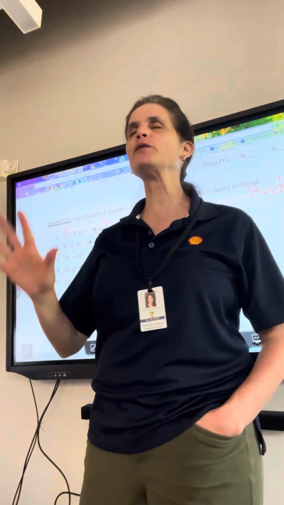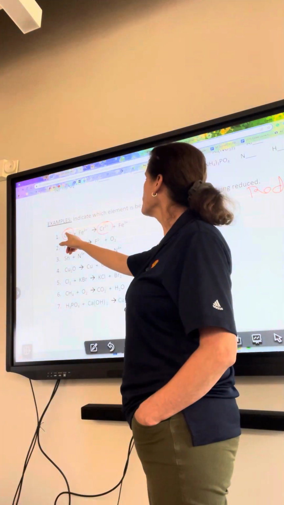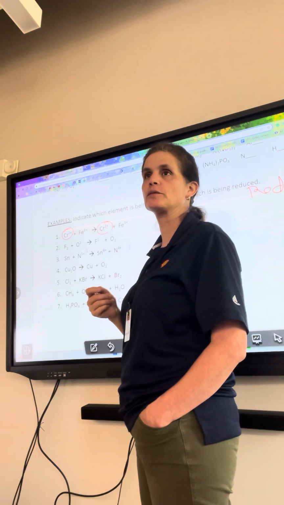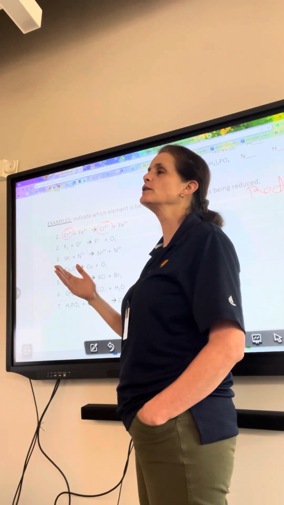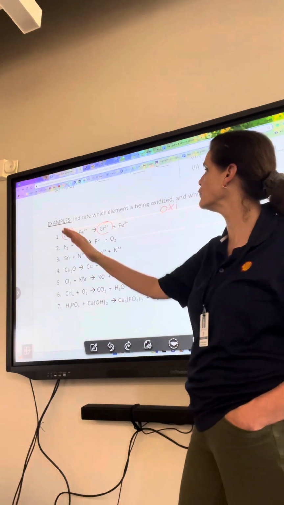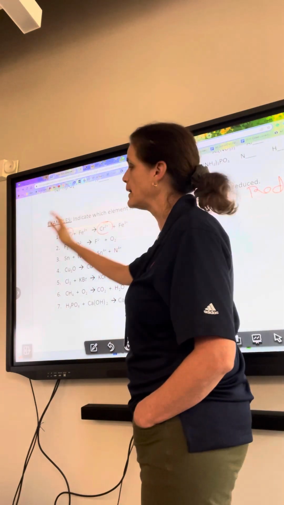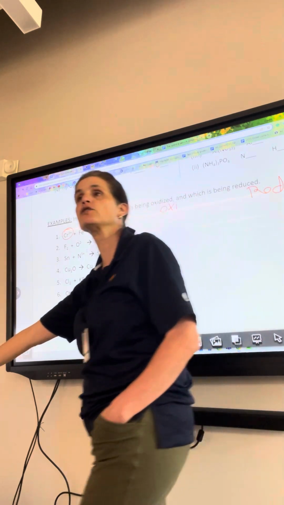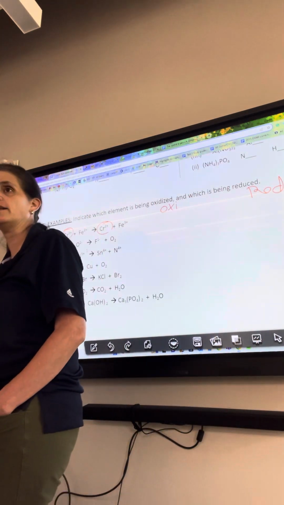Wait a minute, we're confusing each other. It's going from +3 to +2. That's being reduced, which is gaining electrons. So gaining electrons means going to a smaller charge. The charge is getting reduced. It's going from +3 to +2, that's getting reduced. Then if it goes negative, it gets even more reduced, right?